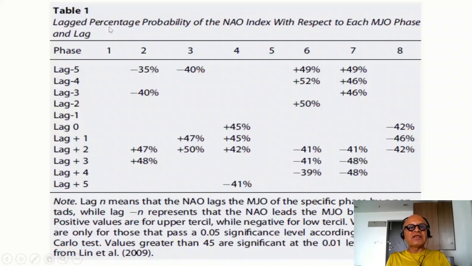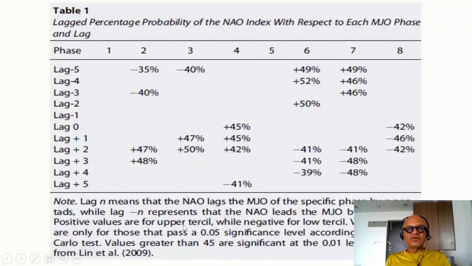So what we are looking at here is lagged percentage probability of the NAO index with respect to each MJO phase and lag. So here lag N means that the NAO lags the MJO of the specific phase by N pentads.